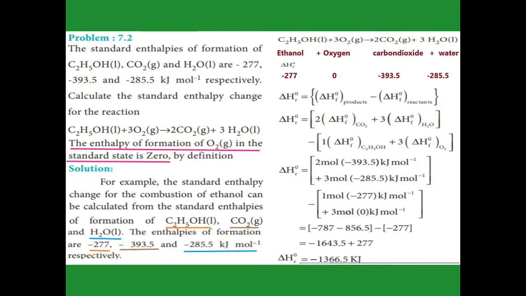The ethanol value is given as minus 277, so 1 into minus 277. After calculating, we get the standard enthalpy change of reaction equal to minus 1366.5 kilojoules.